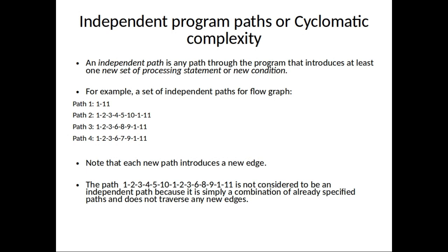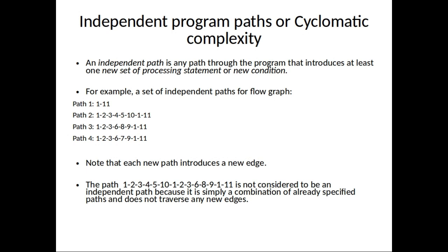For example, a set of independent paths for the flow graph illustrated now is path 1: 1, 11. Path 2: 1, 2, 3, 4, 5, 10, 1, 11. Path 3: 1, 2, 3, 6, 8, 9, 10, 1, 11.